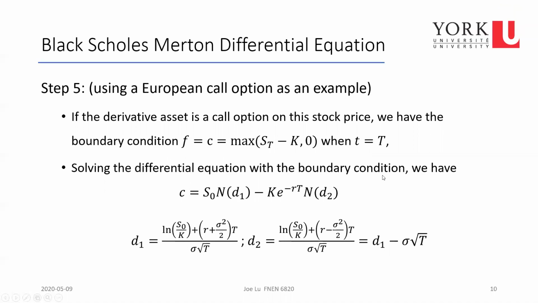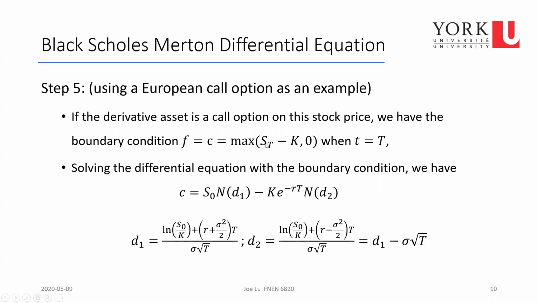So if we have a European call option, that means the derivative asset f must follow a boundary condition where at the maturity date of the option, the payoff of the derivative asset must be like this.